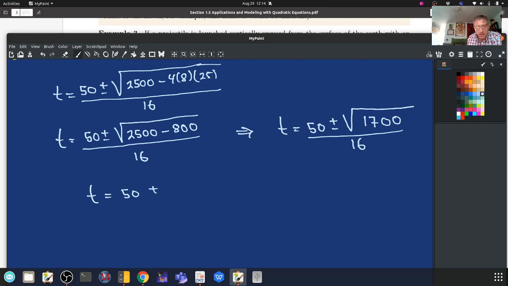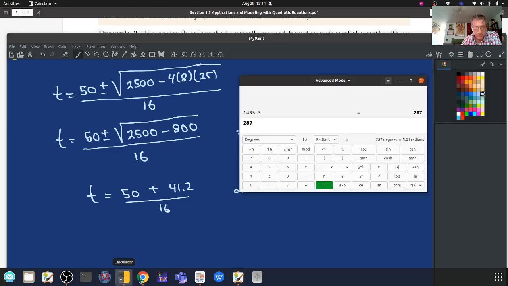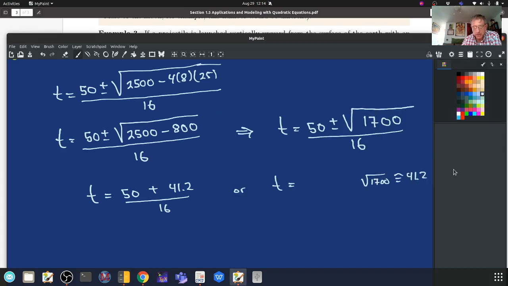It's 50 plus 41.2 over 16. We can check: square root of 1,700. Whoops, let's clear it. Square root of 1,700. And yes, I would expect you to use a calculator for this. 41.2, that's good enough.